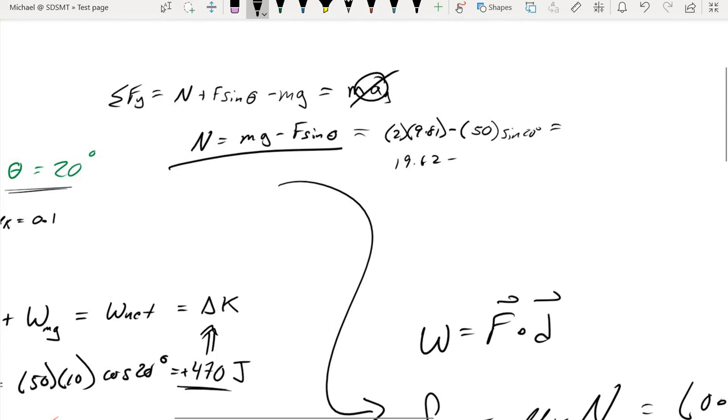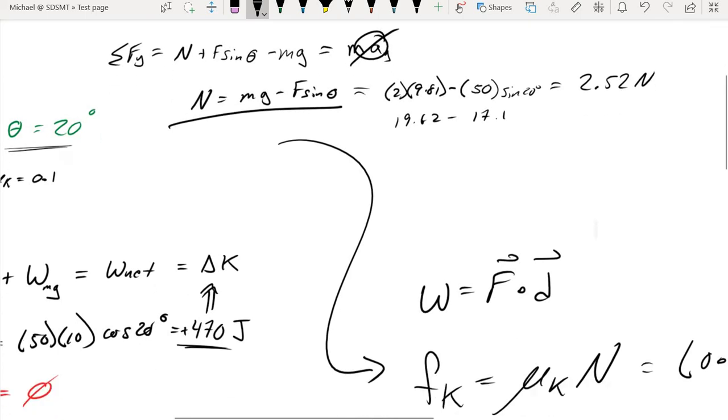And 50 times sine of 20. Whew. Good. I did not make an impossible problem. All right. 19.62 minus 17.1. That gives us a difference of 2.52 newtons for the normal force.